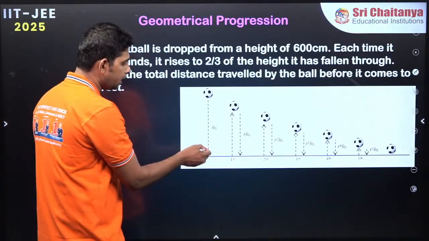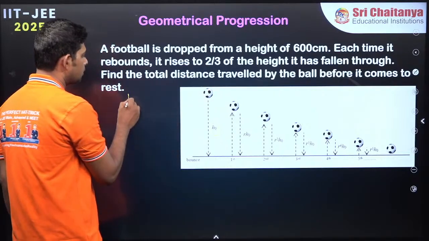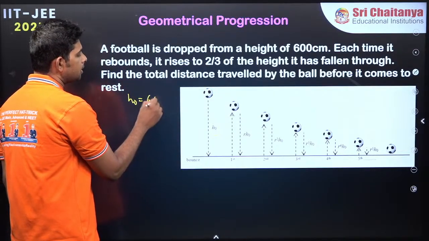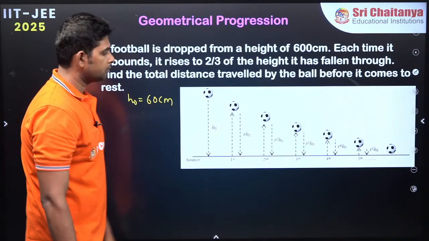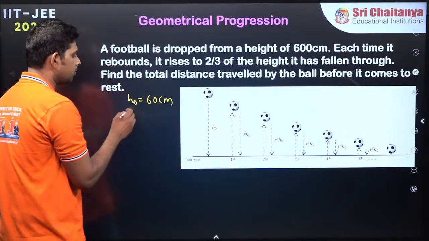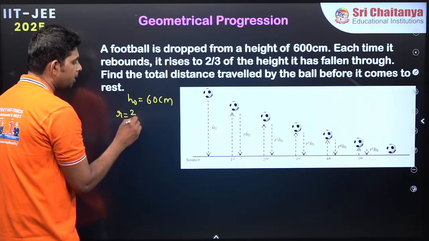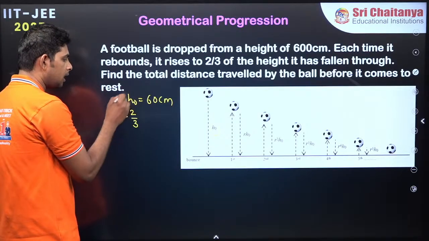The height here, h0, I am taking, is given as 600 centimeters, right? And the first rebound is going to be 2 by thirds of that. So if I take 2 by thirds, our R is going to be 2 by thirds. This is like the first term.